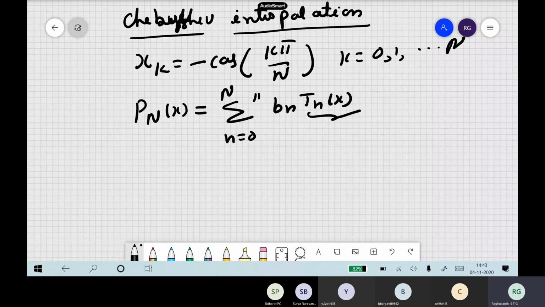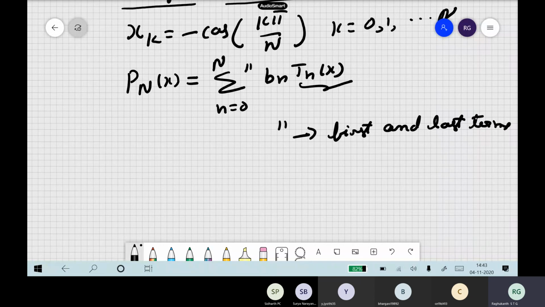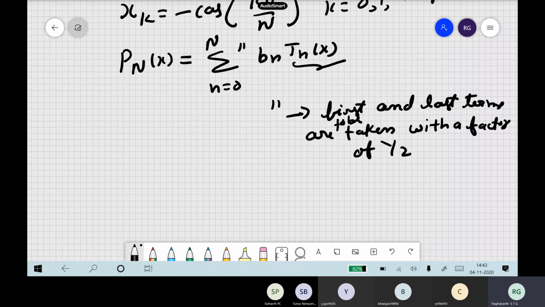These are our Chebyshev polynomials. The first and last terms have to be taken with a factor of half. Just a notation actually.